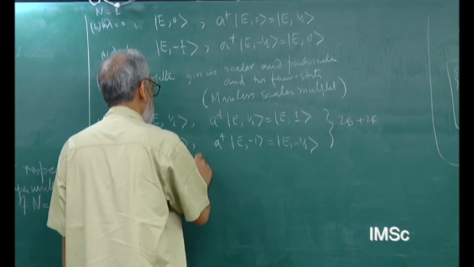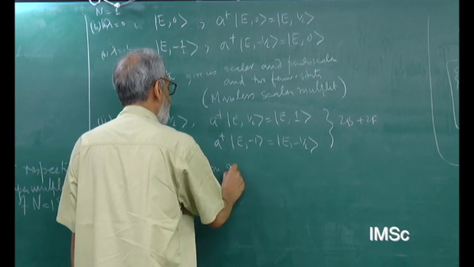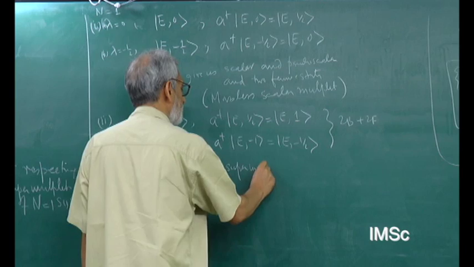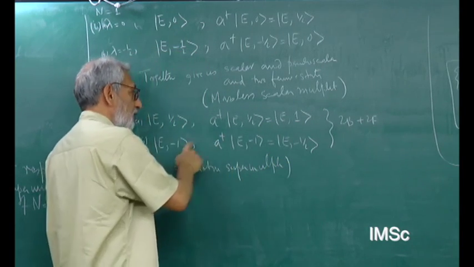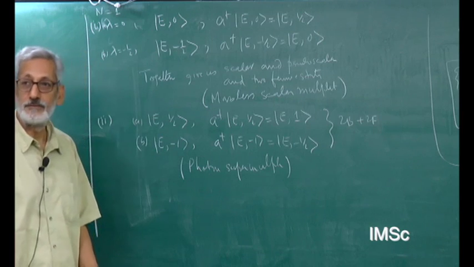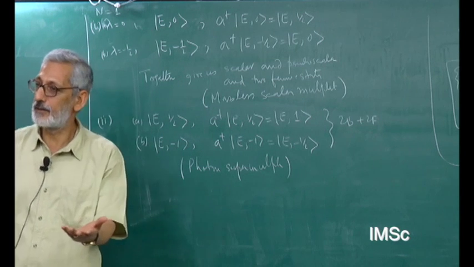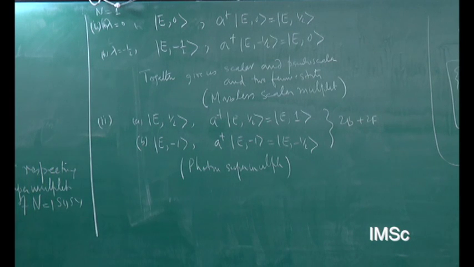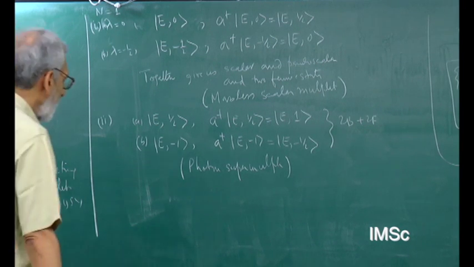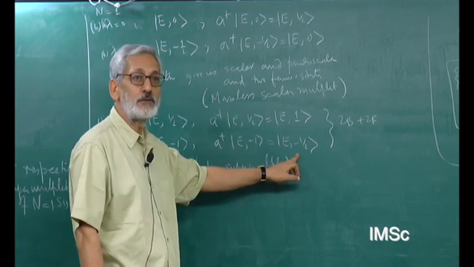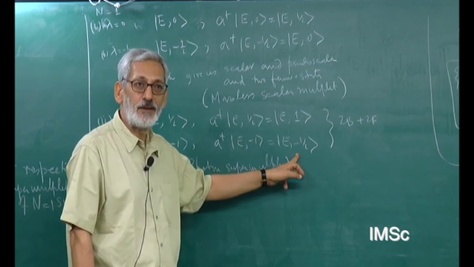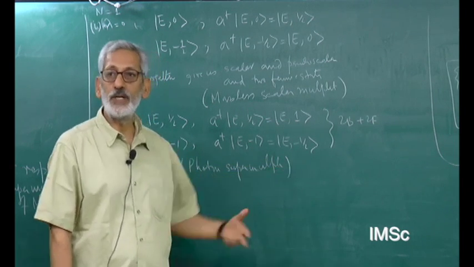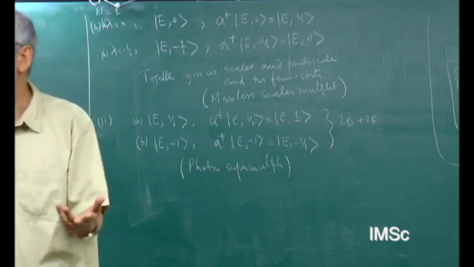This is the photon supermultiplet. Two helicity states associated with the 2 helicity states of a photon, 2 polarizations of light, and their superpartners, a Majorana fermion, a chargeless Majorana fermion with 2 helicity states, massless.